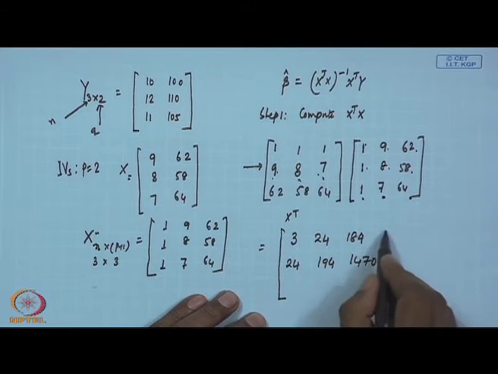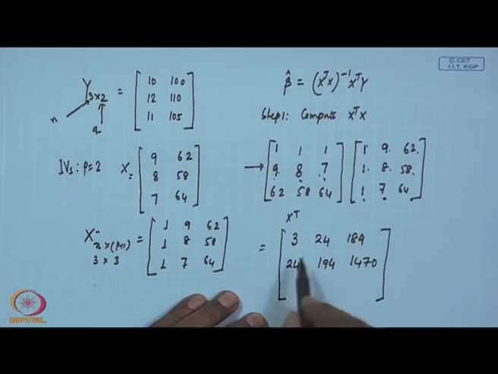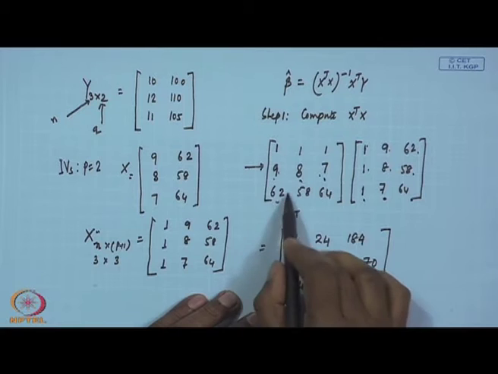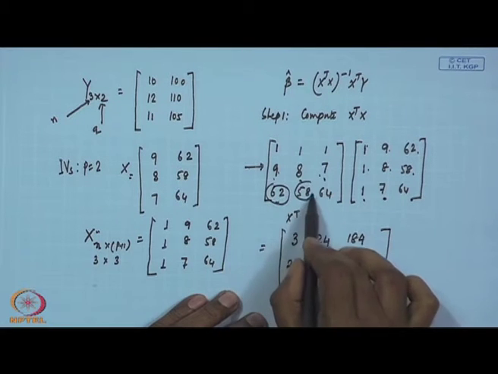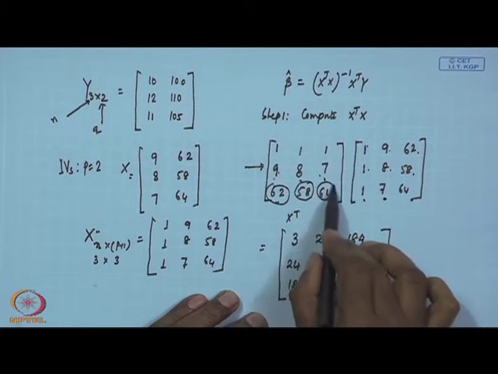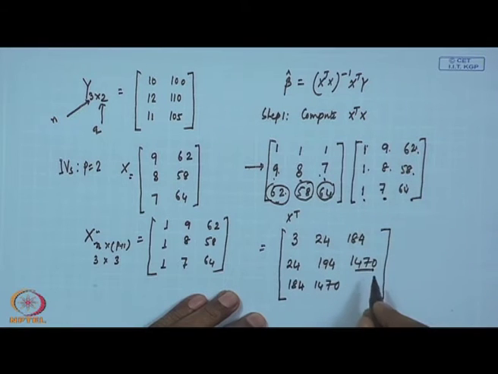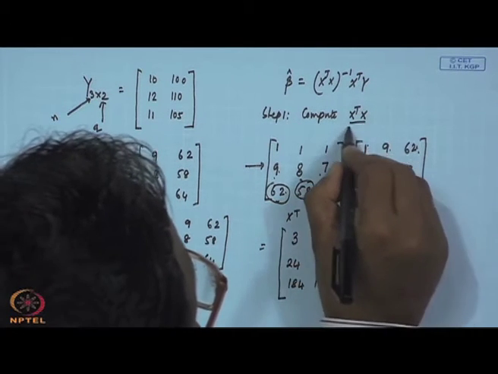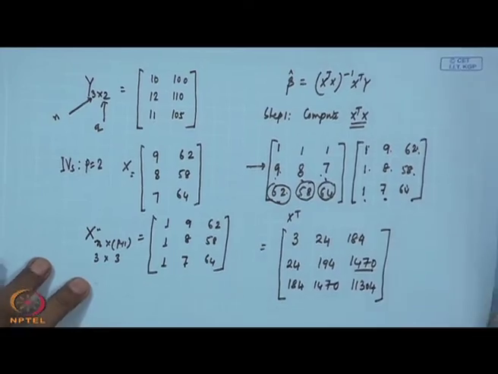Then it will be a symmetric matrix, symmetric and square. So this 184 will come here, 1470 will come here, and the remaining term will be 62 square plus 58 square plus 64 square. So this total quantity will be 11304. Okay, so this is our X transpose X.